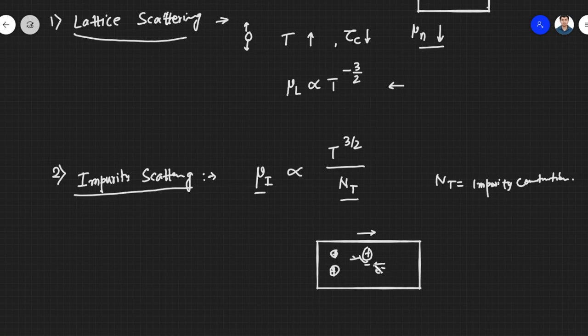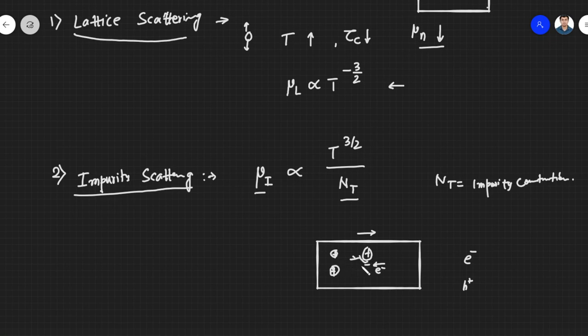Their thermal velocity also increases, right? So the velocity of electrons and holes increases as we increase the temperature. In that situation, these electrons and holes will stay very little time near these charges, donors or acceptors, whatever.